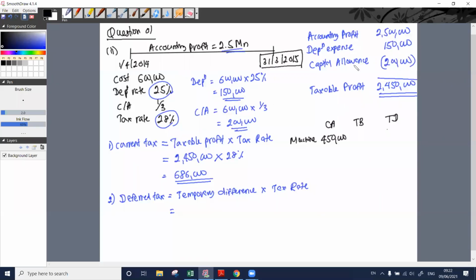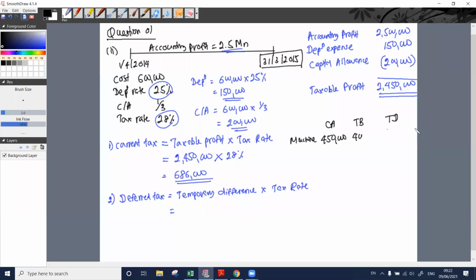Therefore, 600,000 minus this 200,000, tax base is 400,000. Yes, 400,000. So there is a temporary difference of how much? There is a temporary difference of 50,000.